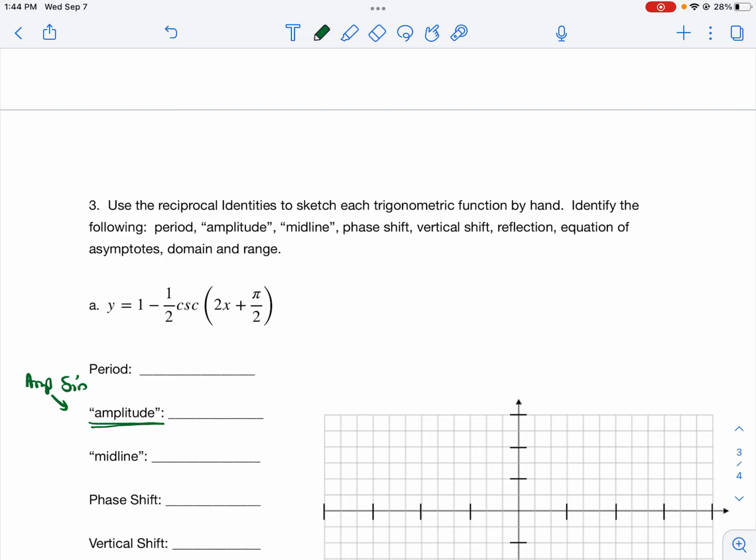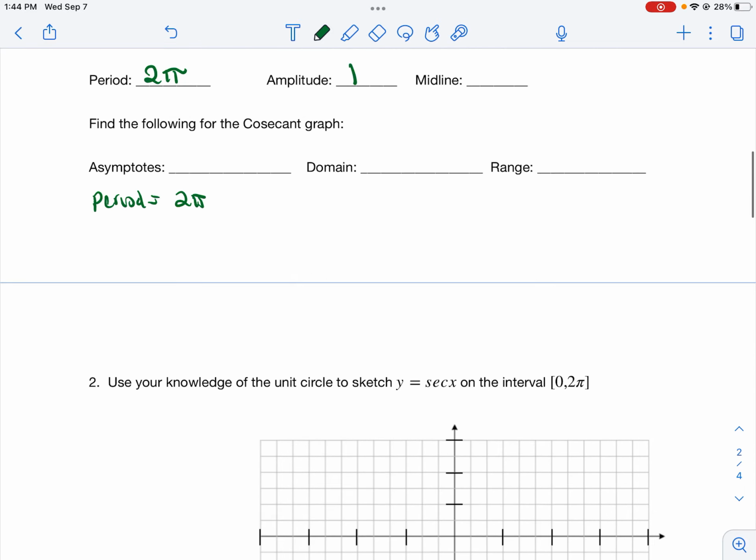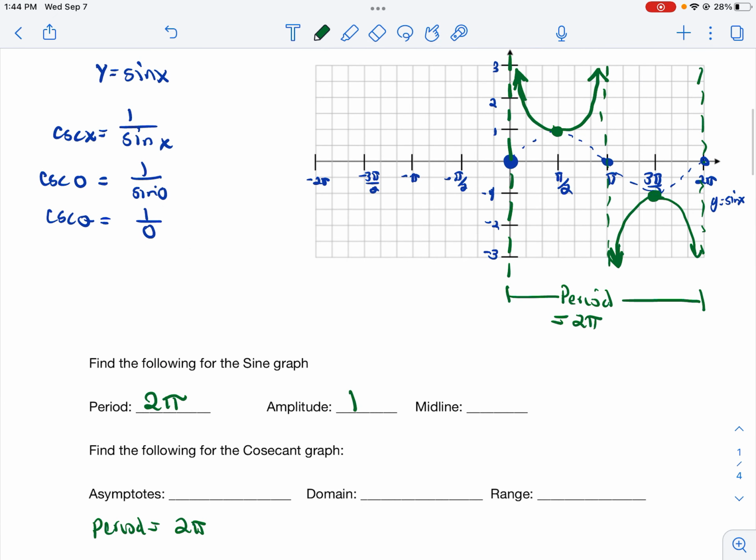And that's telling us half of the distance between the two curves, the height, the maximum, minimum there. So you're finding the amplitude of your sine graph so that you can sketch how far apart your curves need to be when you draw it.